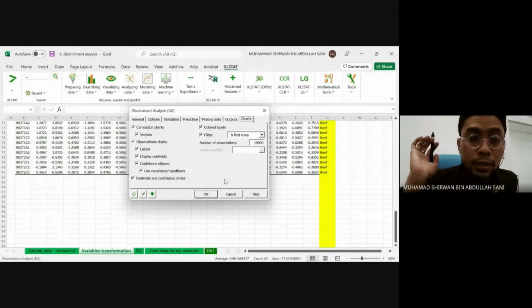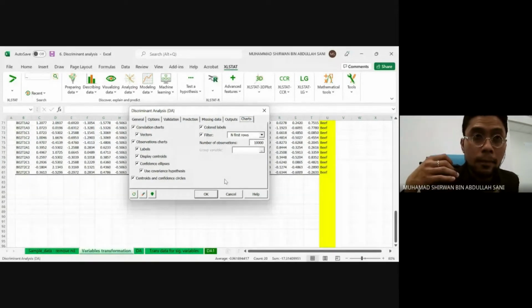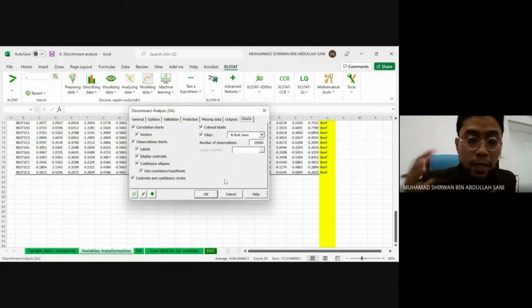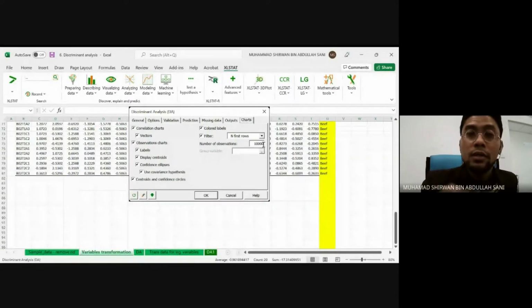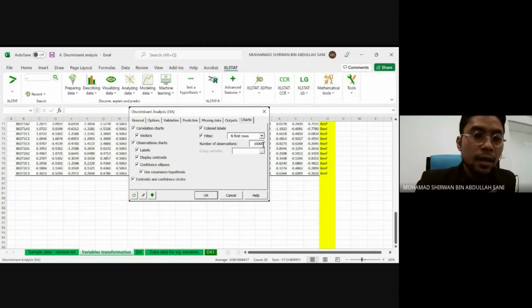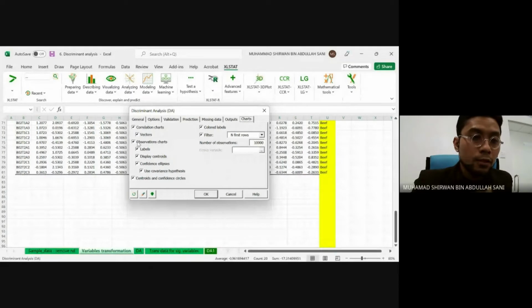If your data is too much, but you keep it as 1,000 or 100, only the first 100 data will be analyzed. So you put it as high as possible. In this case, we have decided on 10,000. You can go up to 100,000, for example, kalau your data is very big. Okay. So after this, go to OK.